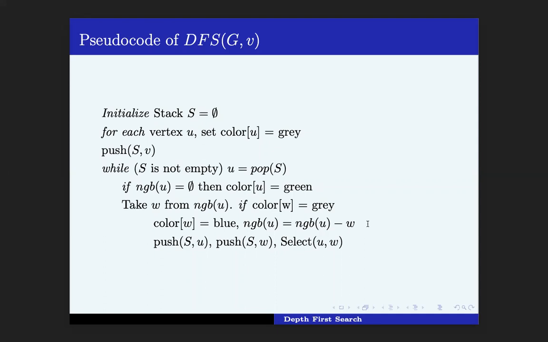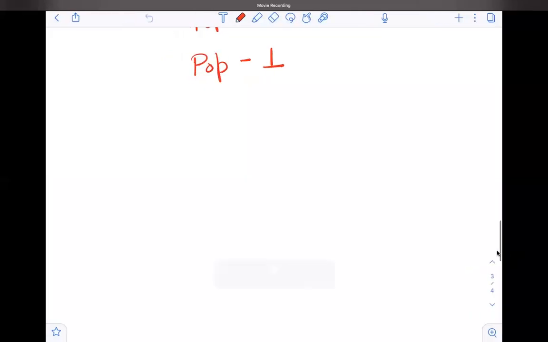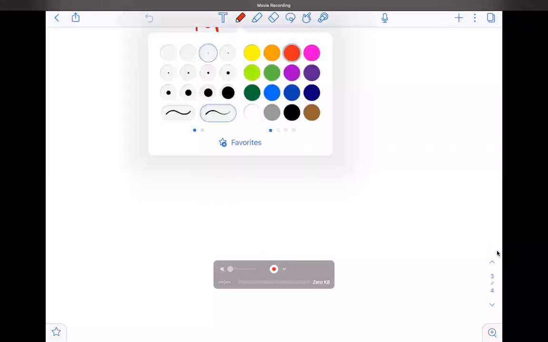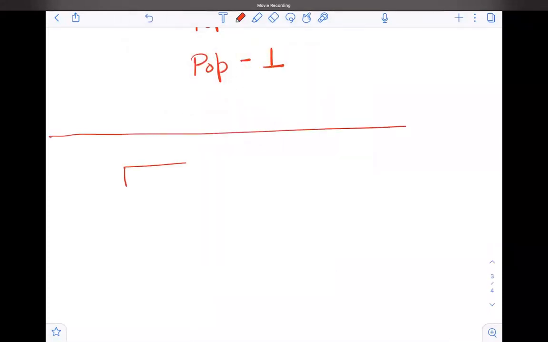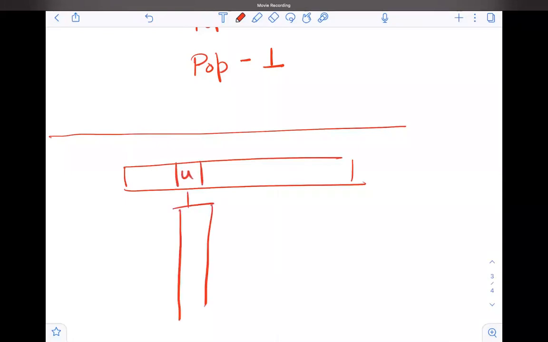Okay. So how can you do that? If it's an adjacency list, I can always start with the last one.